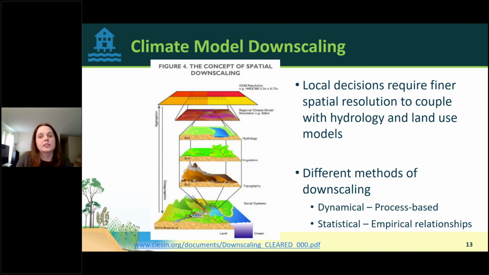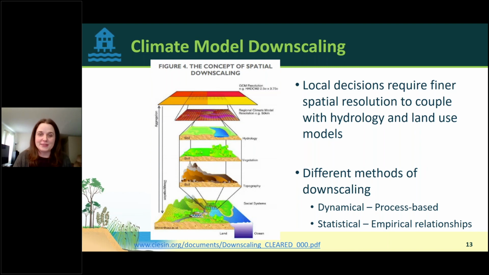That way we can couple the climate models with hydrological models and land use models to help make decisions in our watershed of how we can adapt or build resilience to these changing climate conditions. Now, there's different methods of downscaling models, and this in itself is a career.